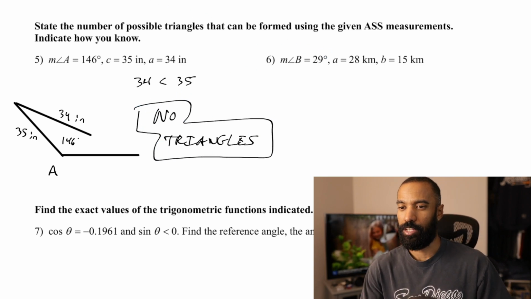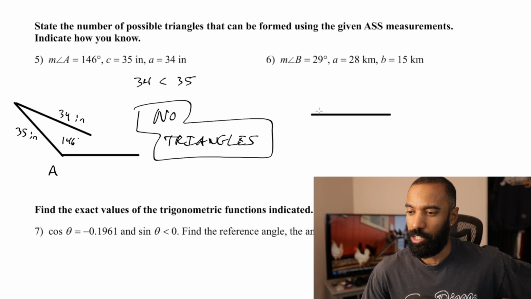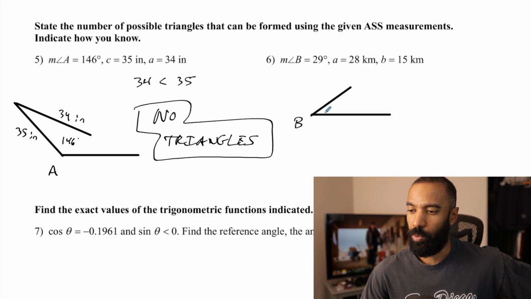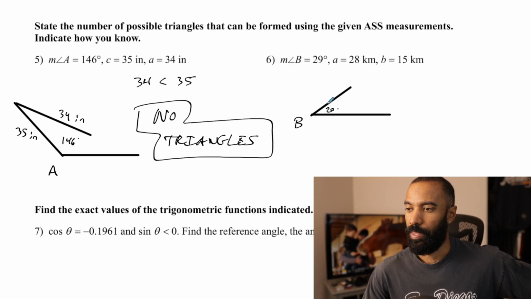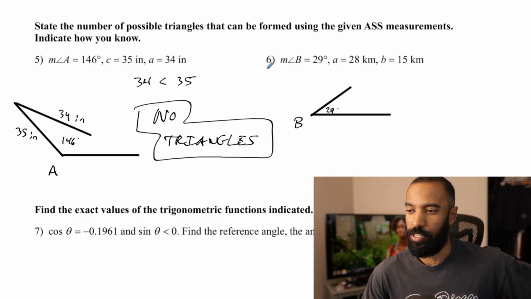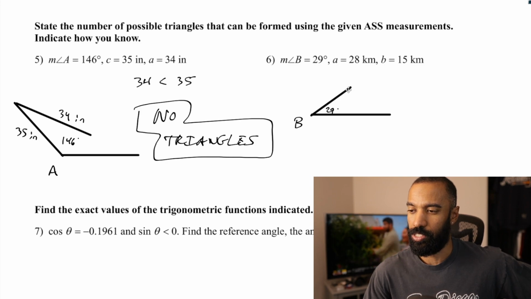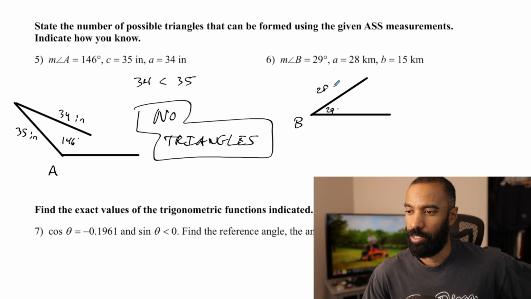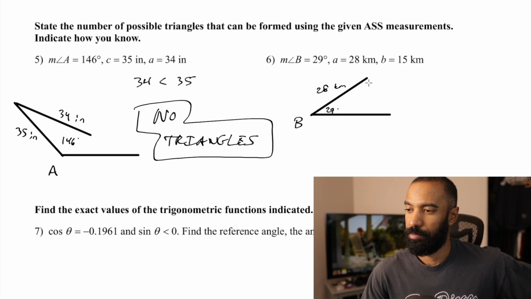Okay, the next one, we have an acute angle right here that's 29 degrees. This B is 29 degrees. The side opposite B is the 15, and this A is 28. So A is 28 kilometers and this B is 15 kilometers.